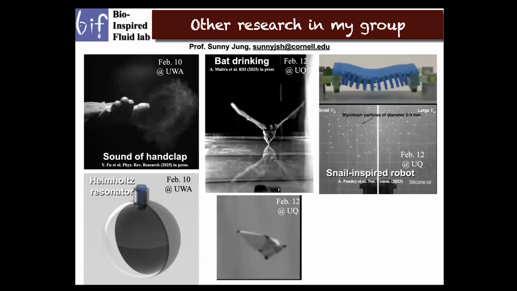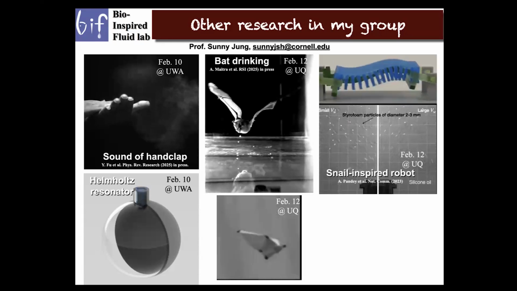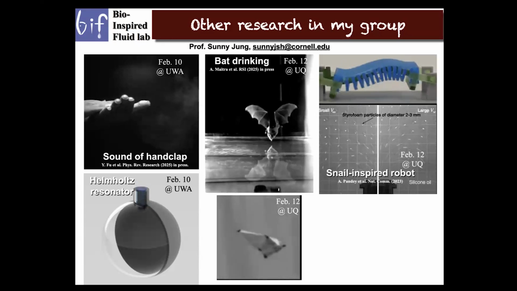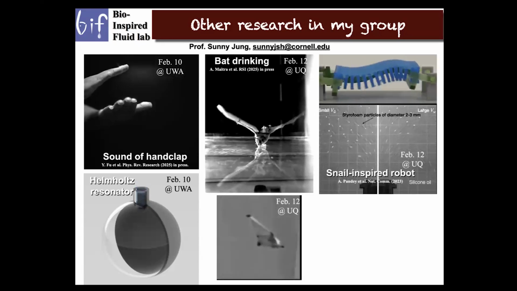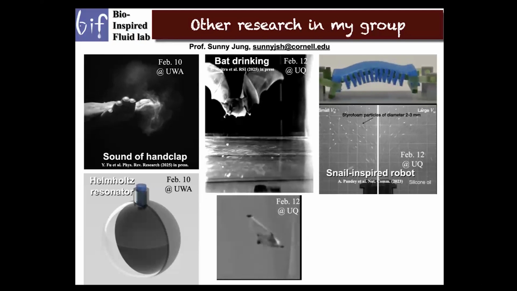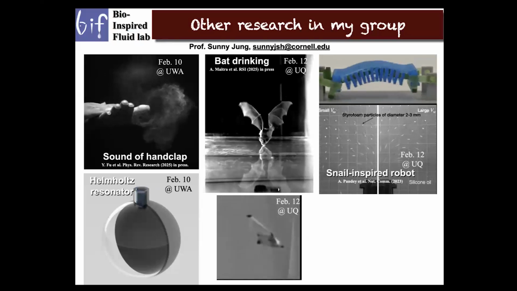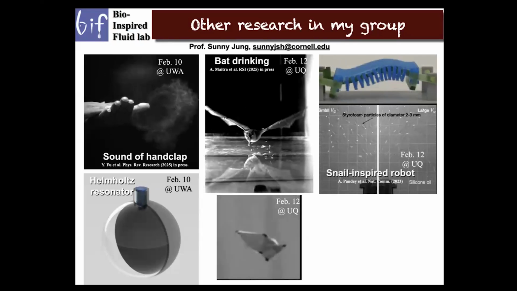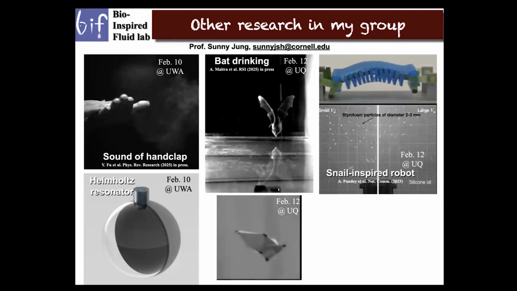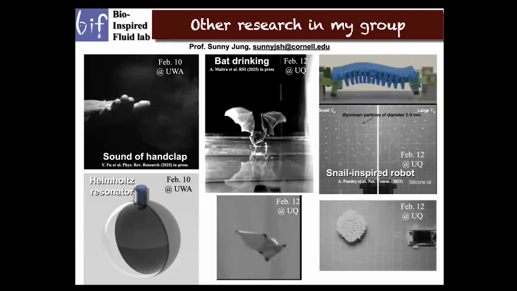And next week at the University of Queensland, another topic we're going to talk about is the snail-inspired robot. We published this paper last year, in which we solve the thin film equation to understand the undulation underneath the water, which is how snails feed on floating particles in the water.